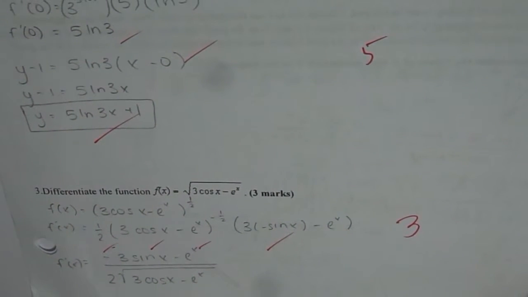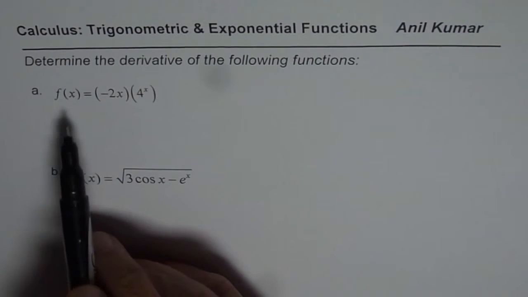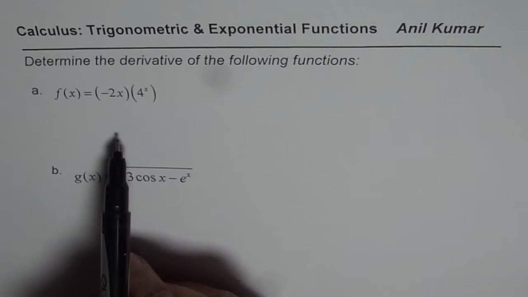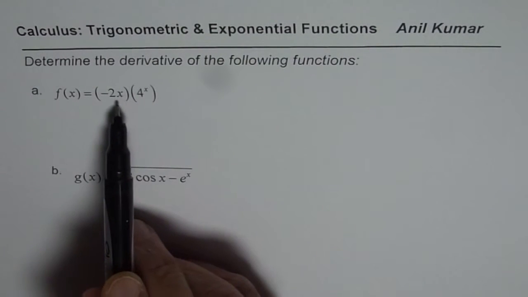Now let us look into details how to solve some of these questions. Let me take up the very first question. It is f(x) = -2x times 4^x. To begin with, it's a simple question with the product rule.